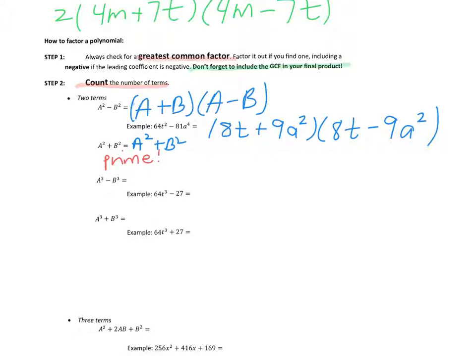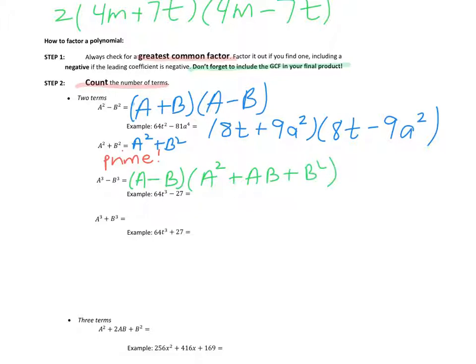And then we have a difference of cubes when we have 2 terms in our polynomial. So remember SOAP, so same sign, opposite, always positive.